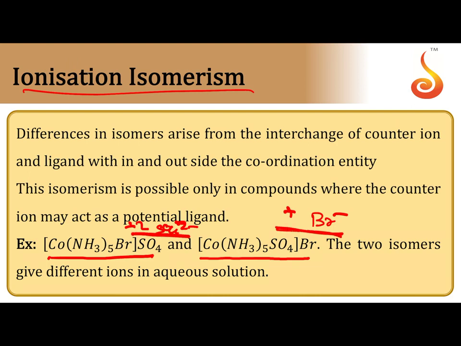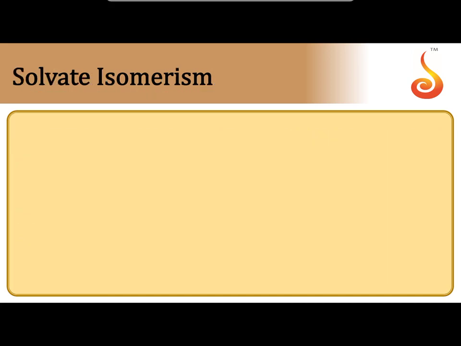So both the complexes differ in their mode of ionization. That's why they are called ionization isomers. To identify whether it exhibits ionization isomerism or not, an exchangeable counter anion and anionic ligand must be there. Anionic ligand and counter anion both must be exchangeable.